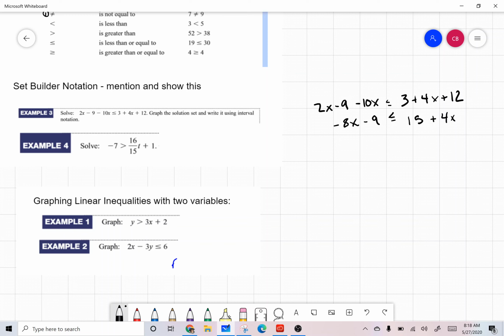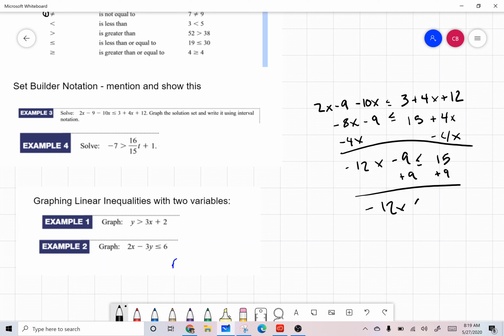This is going to be minus 4x on both sides. Negative 12x minus 9 is less than or equal to 15. We add the 9. Negative 12x is less than or equal to 24.